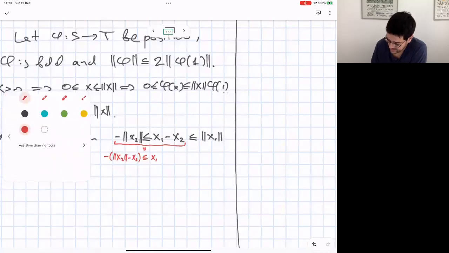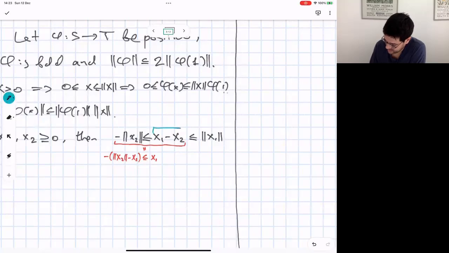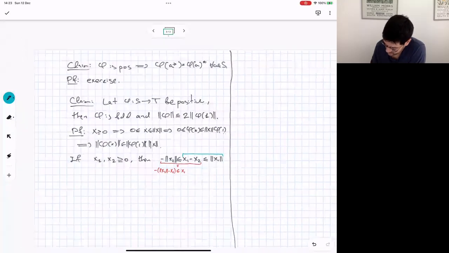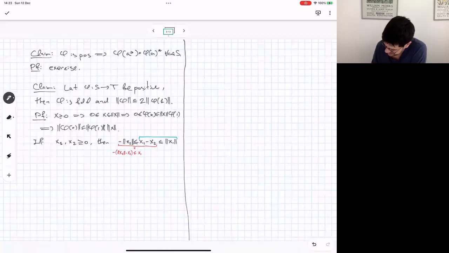And similarly, we have a similar inequality here, right? So the norm of x1 minus x2 is less than or equal to the maximum when we understand its spectrum, right? So we know its norm.